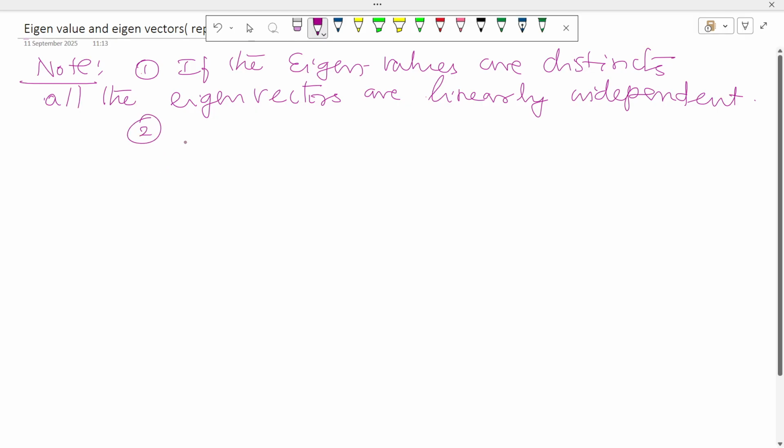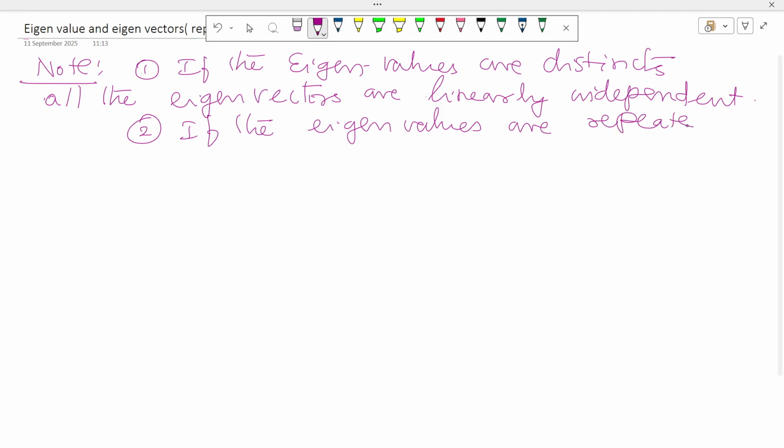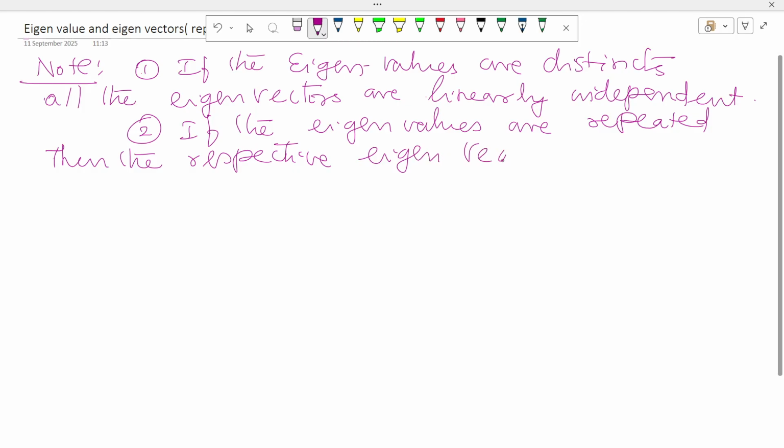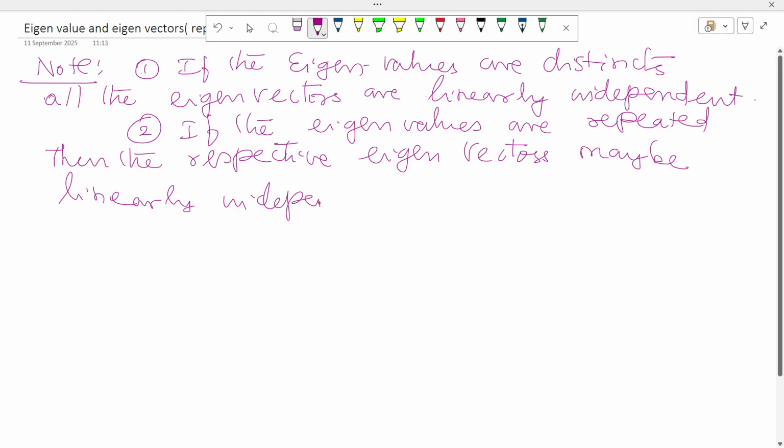At the same time, if the eigenvalues are repeated, then the respective eigenvectors may be linearly independent or linearly dependent.